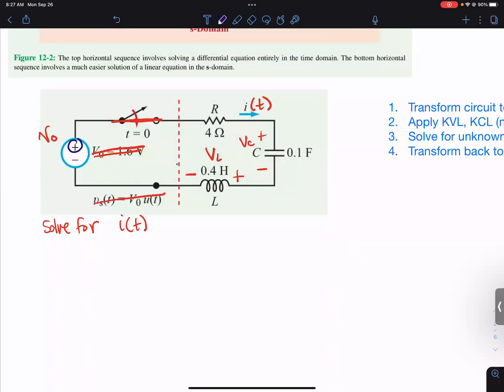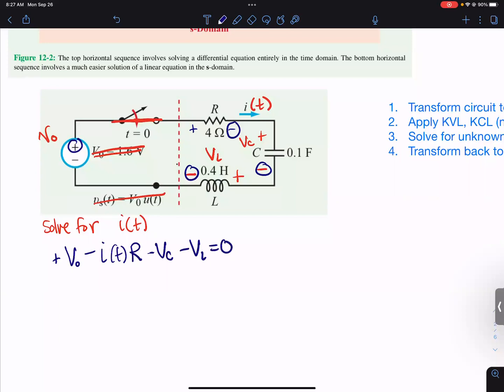So I have a plus, minus, minus, minus. So minus I times R minus VC minus VL equals 0.